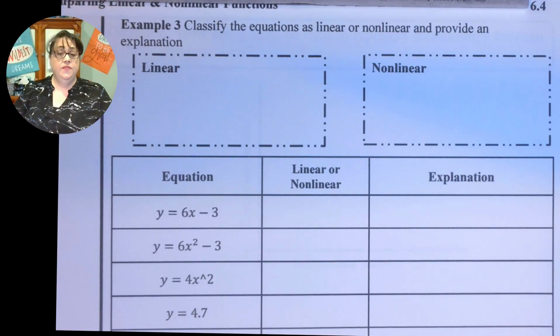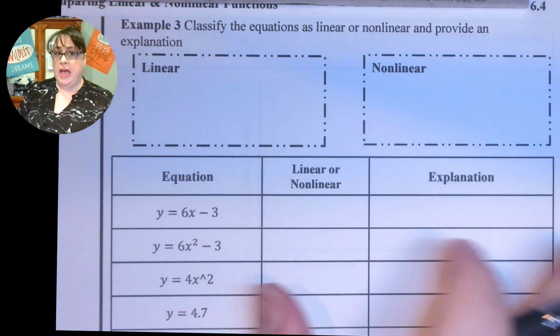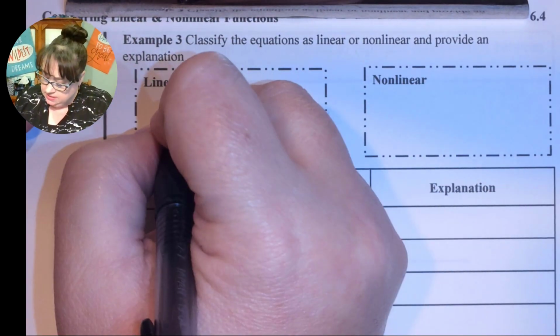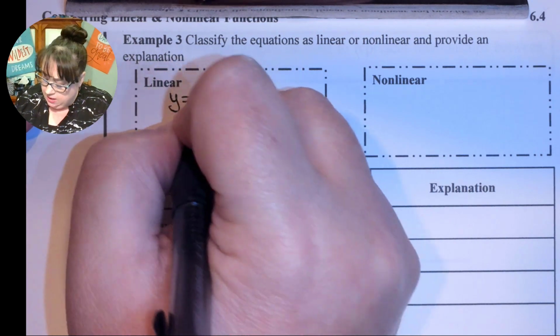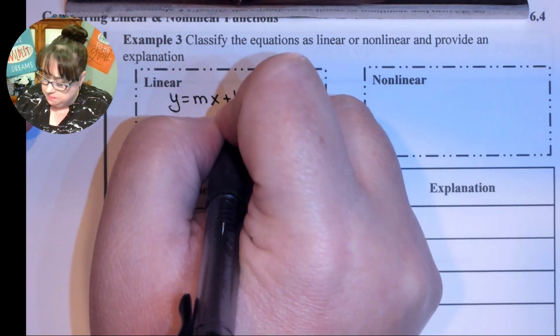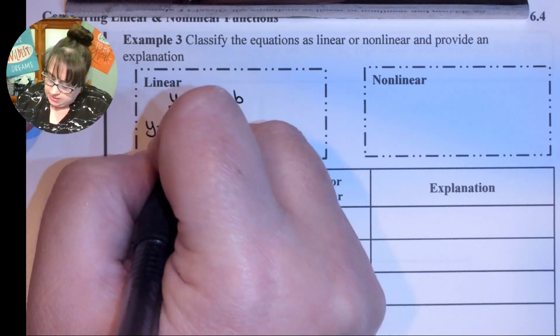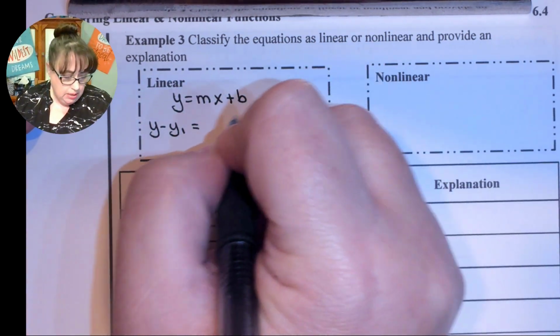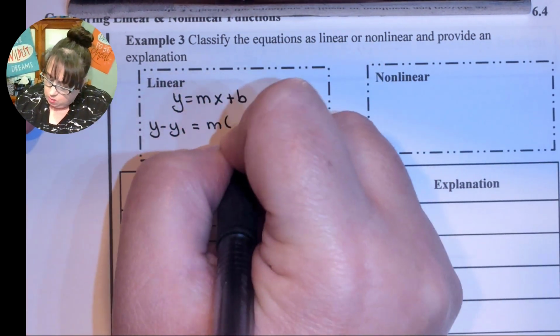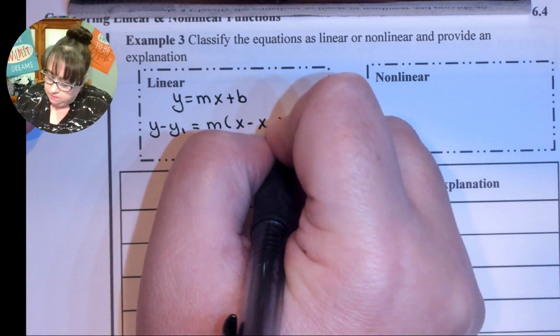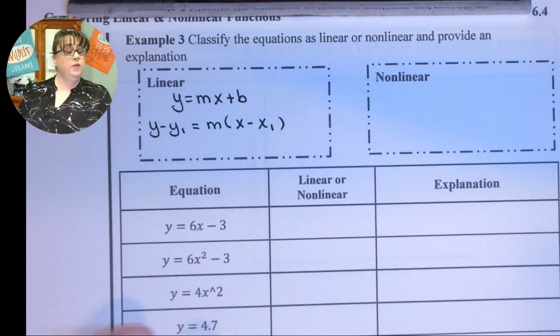So we're going to classify things as linear functions and nonlinear functions. And really what we're looking for, linear functions are things that fall into the y equals mx plus b category, or the y minus y sub 1 equals m times the quantity of x minus x sub 1. We're familiar with those two equations.